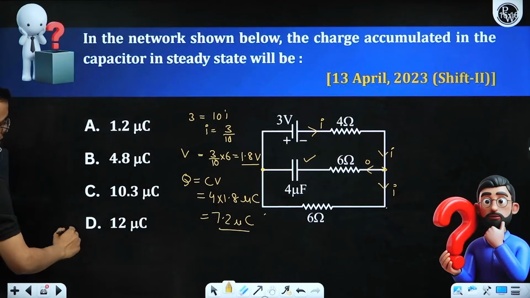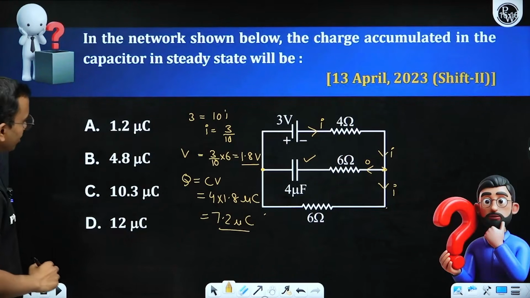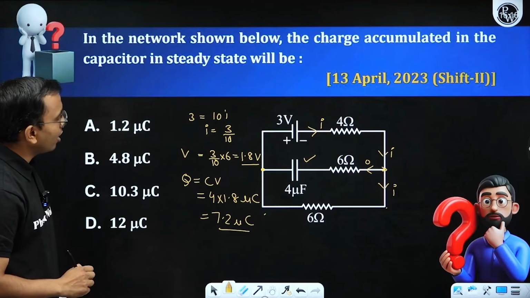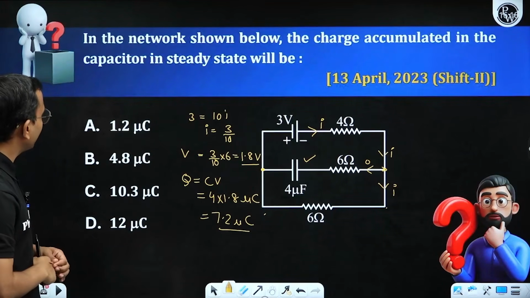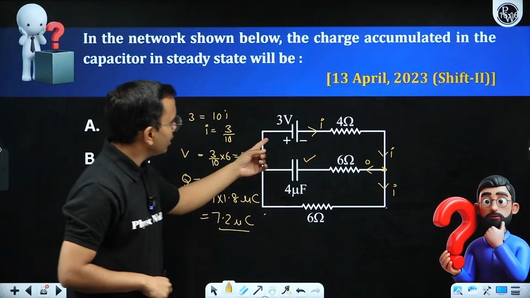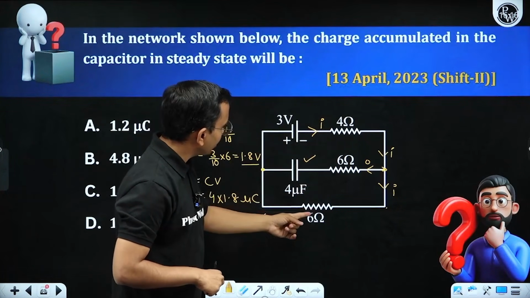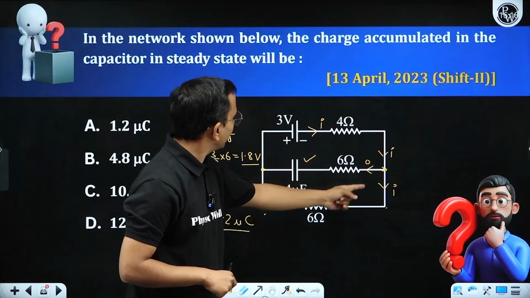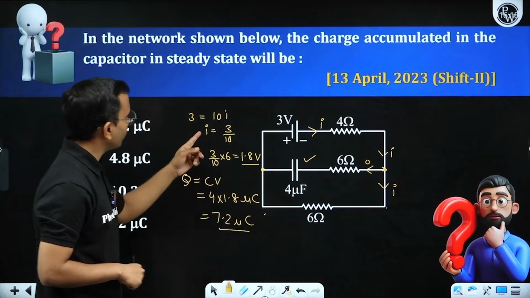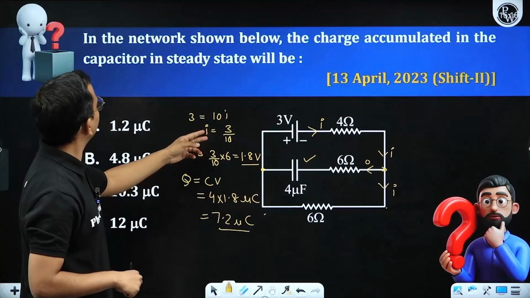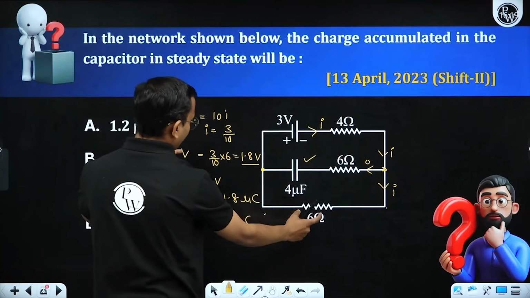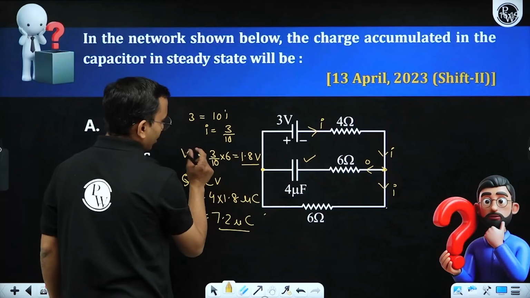I did a mistake. What is that mistake? This is 3 volt. This is 4 ohm. This is 6 ohm. The current becomes here how much? That is 3 divided by 10. 6 plus 4, 10. 3 by 10. So the potential across this will become 3 by 10 into 6.